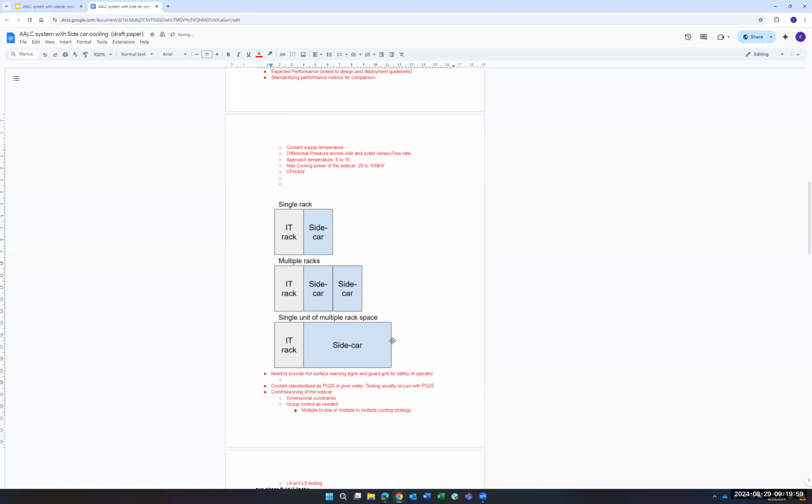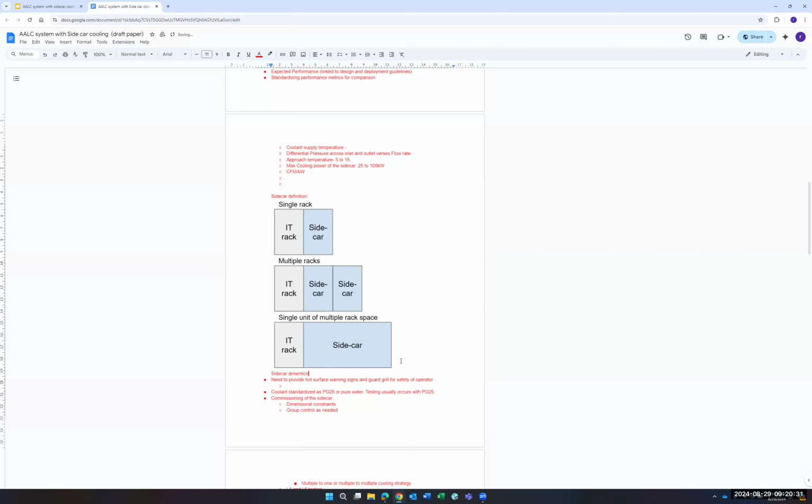Say it's arbitrarily 40 kilowatts or something like that. If you want to go bigger than that, then you either have to get access to facility water, and we're assuming you don't have access to facility cooling water. So the only other solution, if you're going to stay hybrid cooling, is to go to a sidecar, because you don't want to require the extra air going through the servers, and you need a bigger heat exchanger. Yeah.